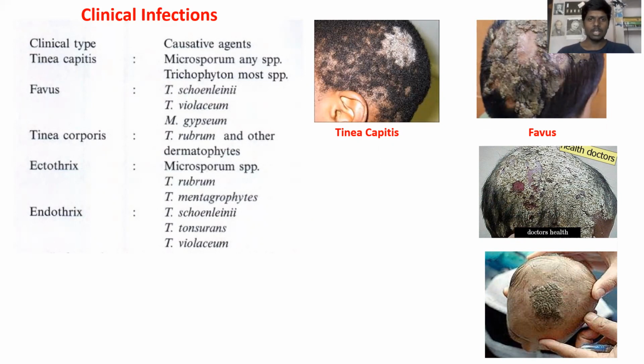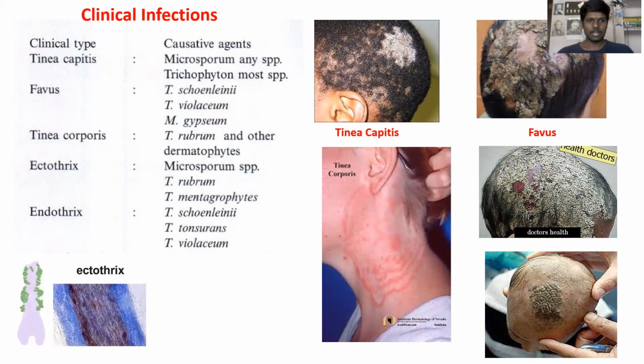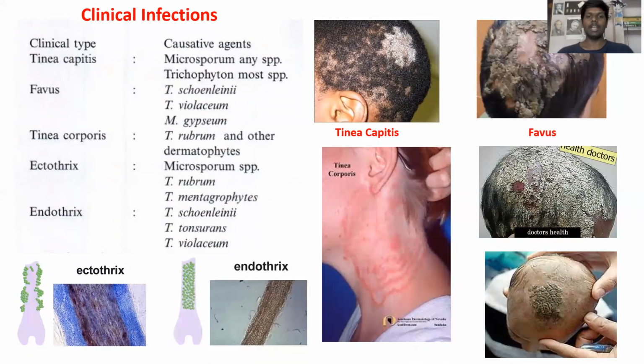So this is Tinea corporis. Then we have ectothrix, a fungal infection on the hair shaft. Ectothrix means it will come on the periphery of the hair shaft, whereas endothrix will be inside the hair shaft. So these are the dermatophytic infections.